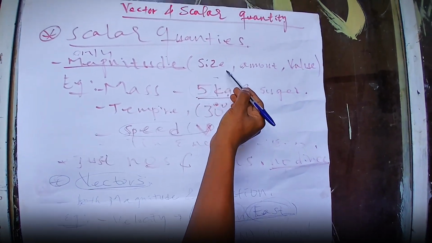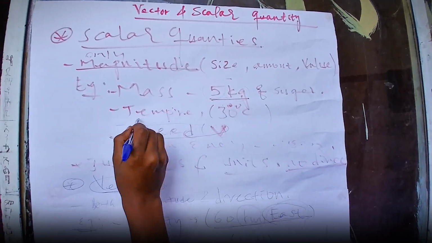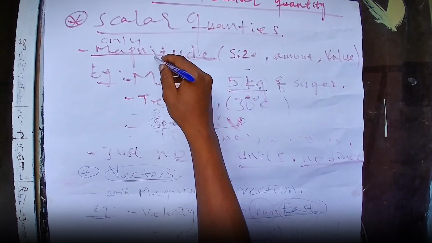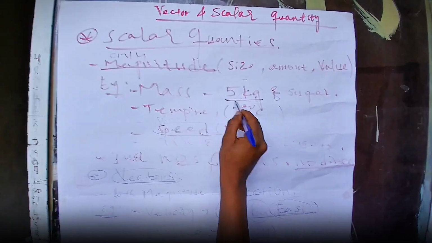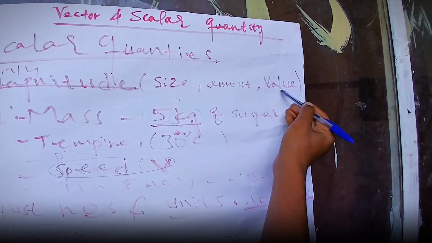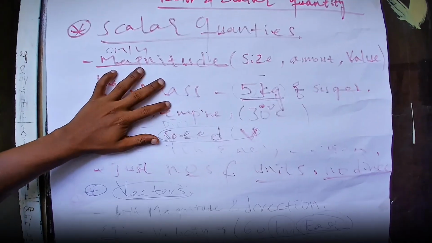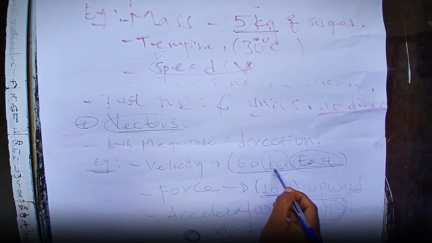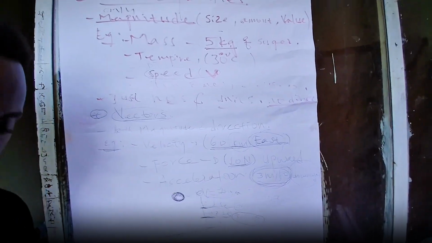The magnitude can be size, for example distance in meters; amount, for example mass in kilograms; volume; or temperature, like 30 degrees Celsius. So scalar quantities have only magnitude, and vector quantities have both magnitude and direction. This is the difference between vector and scalar quantities.